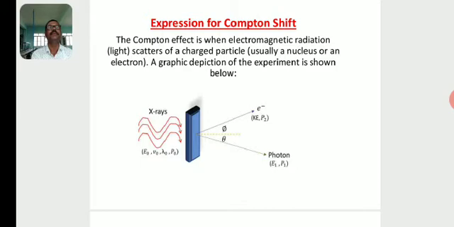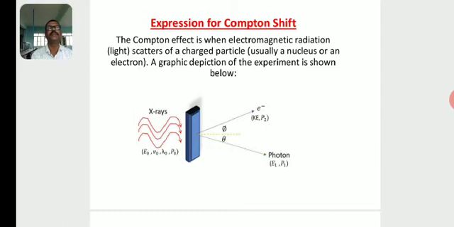Let P2 be the momentum of the electron, Ke the kinetic energy of the electron, E1 the energy of the photon, P1 its momentum, phi the angle of scattering for the electron and theta the angle of scattering for the photon. So as the X-rays are made to be incident on the target, the electrons which are ejected can move in different directions.